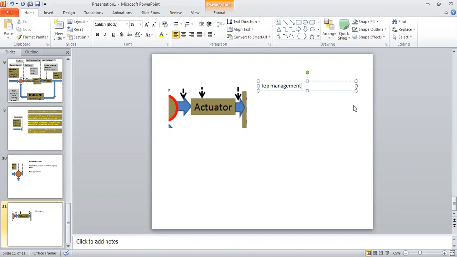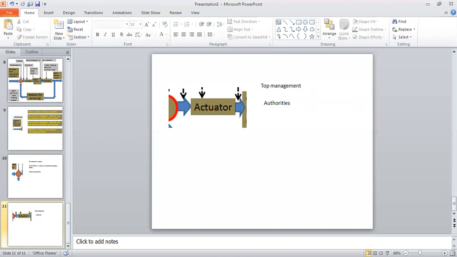Even for these health issues, we can say the policymakers, those who are giving directives, the institutions, say the authorities.